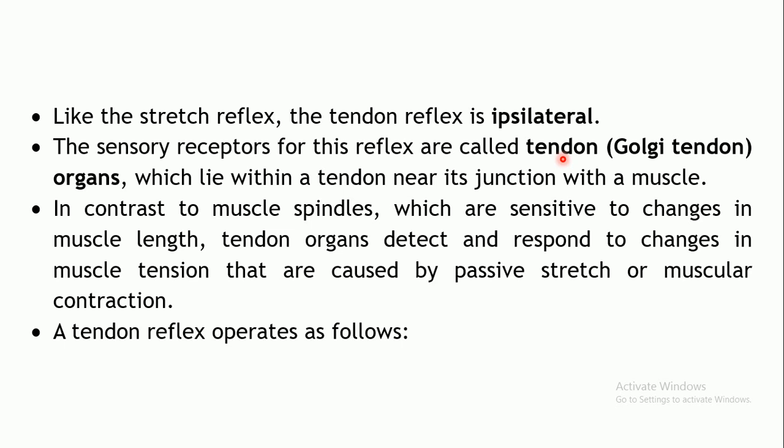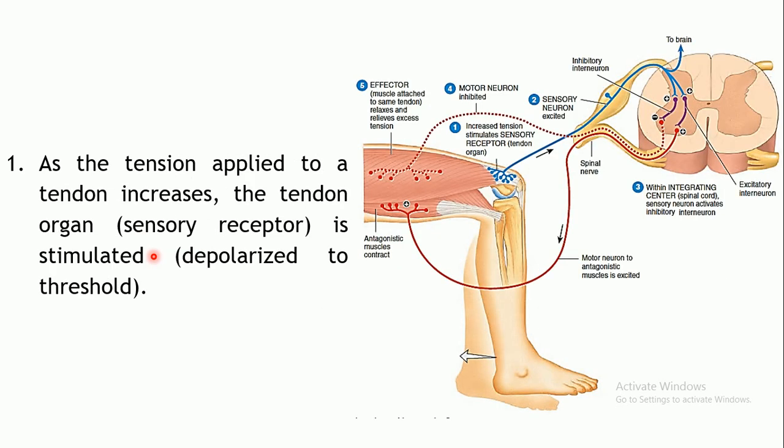Okay, so here it is responding to the changes in the muscle tension rather than the muscle length, which is what is responded to in the stretch reflex, which we have seen just now. So coming to the tendon reflex, let us see how exactly it operates.